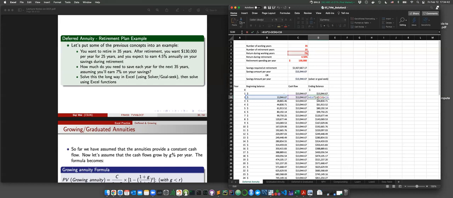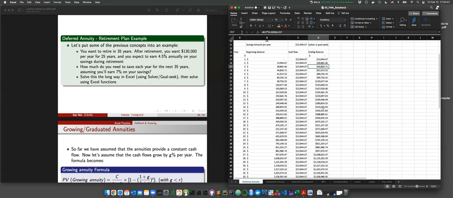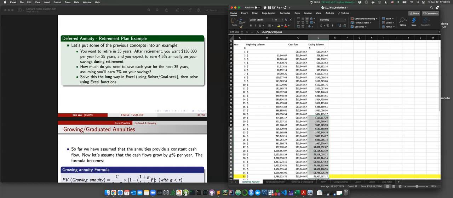Likewise, you can replicate this process for the entire working years, from T0 to T35, using the exact same formula.